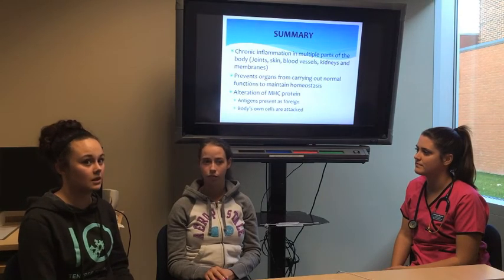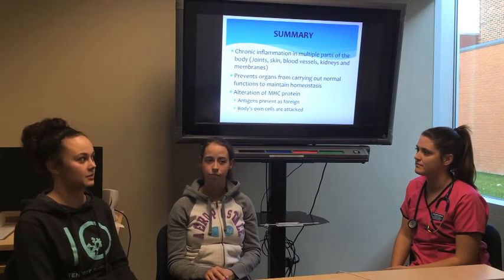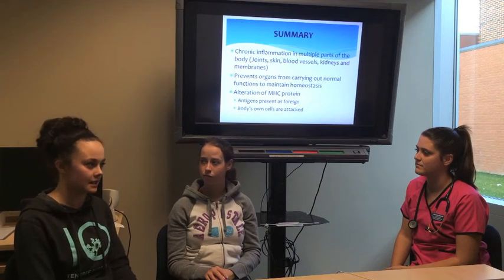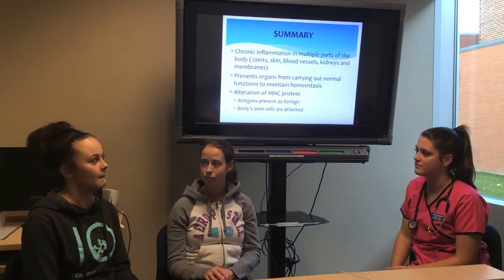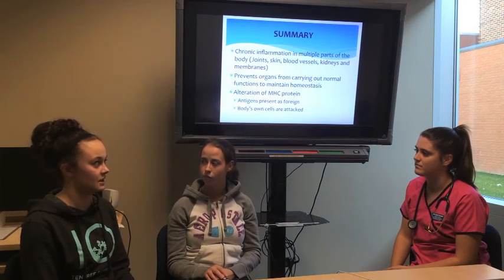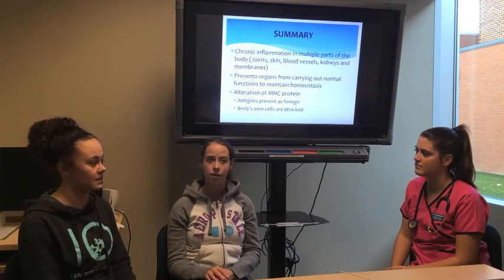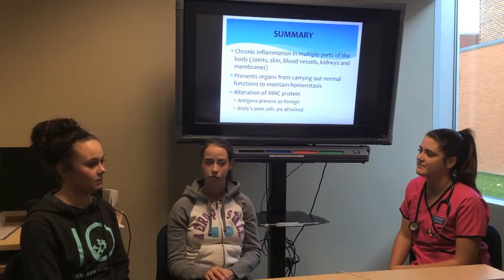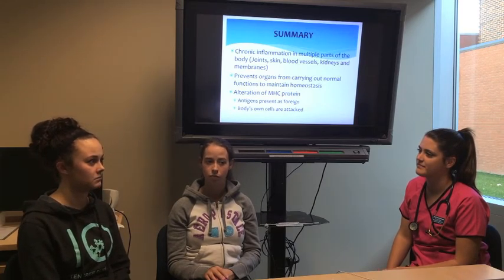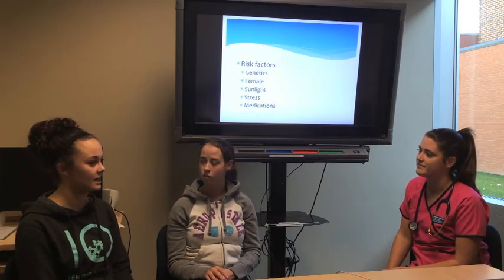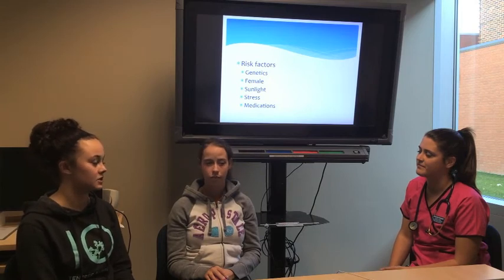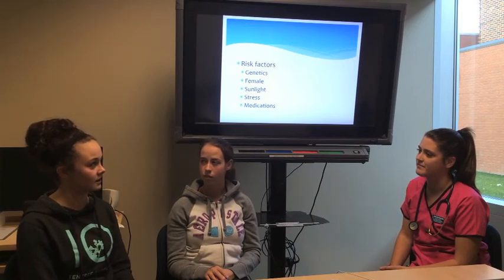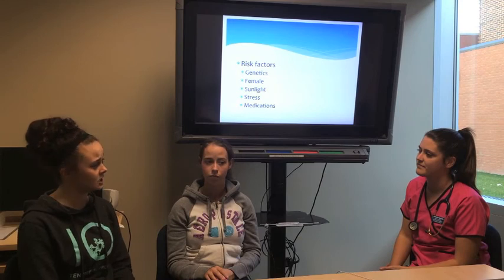This is what helps display the body cells as foreign or not foreign. But in lupus patients, it is displayed as foreign, and that's why they're attacked. The DNA is usually targeted when being attacked. Some risk factors are genetics, being female of childbearing age, sunlight, stress, and medications. Yeah.